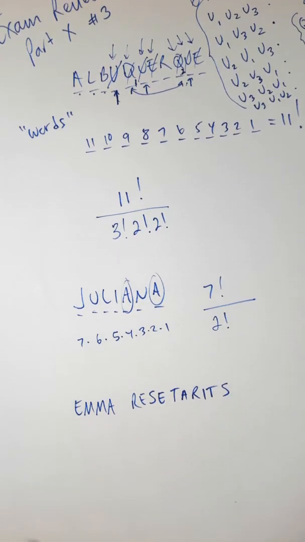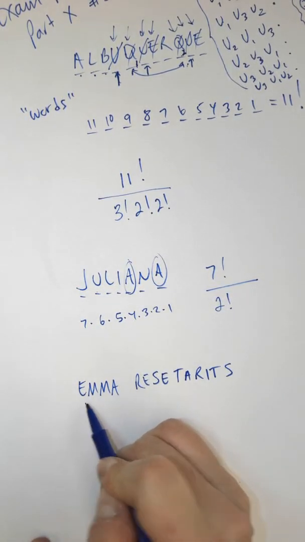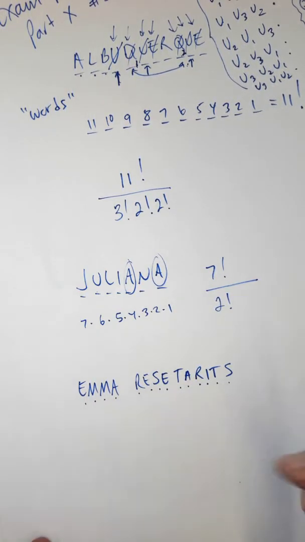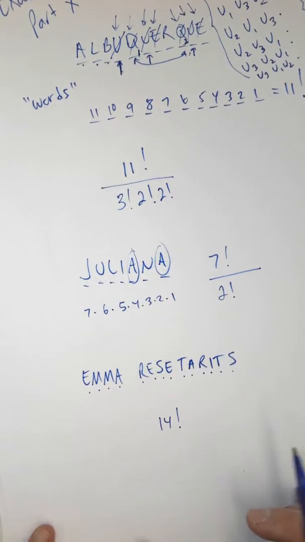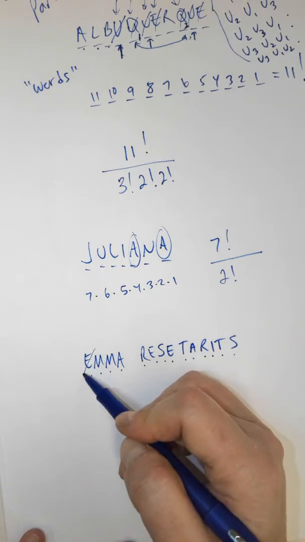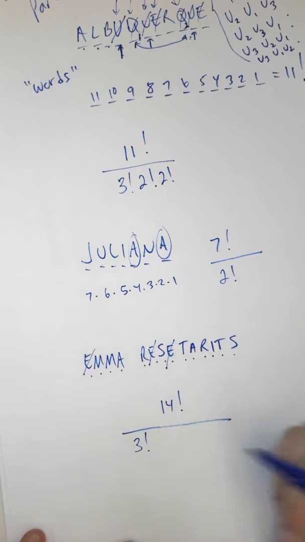Emma Resetaritis. This was a fun challenge because we had 1, 2, 3, 4, 5, 6, 7, 8, 9, 10, 11, 12, 13, 14. So 14 factorial represents the number of letters that we are recombining, and look at all these duplicates. 1 E, 2 E, 3 E. Okay, so this represents the number of E's.